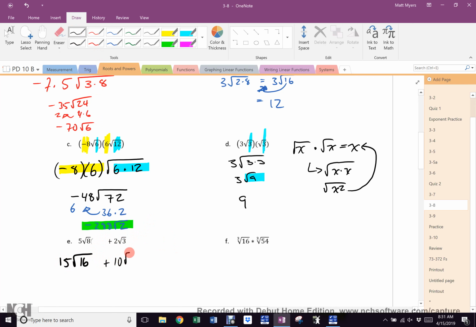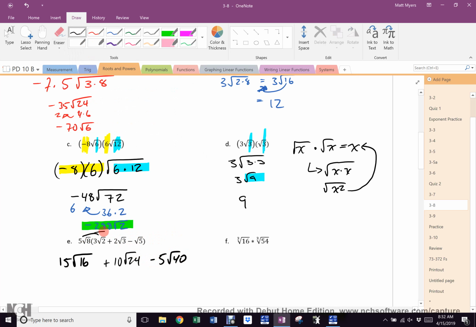Plus 10 root 24. And what would you do if it was just that? Minus 5 root 40, correct? So, that's what you do here.